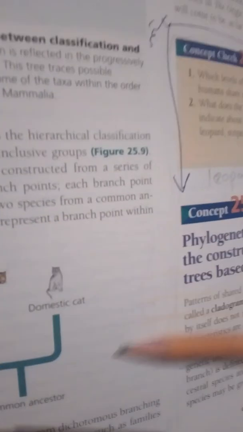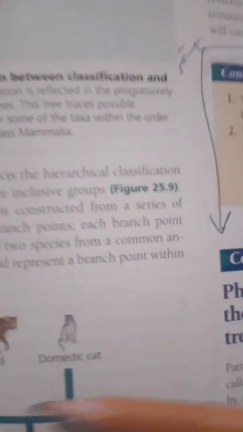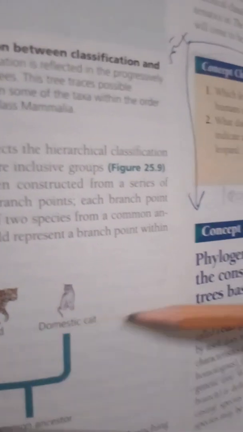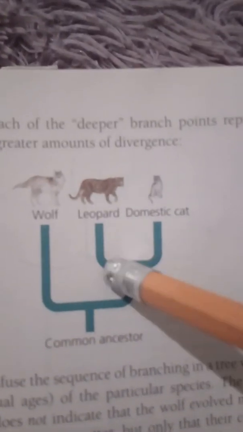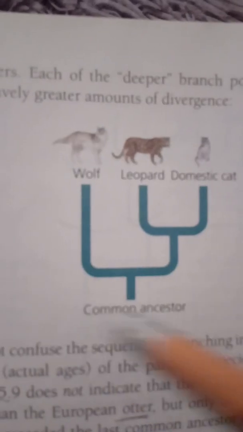We can also diagram dichotomous branching of taxa that are more inclusive than species, such as families and orders. Each of the deeper branch points represents progressively greater amounts of divergence. Notice the wolf, leopard, domestic cat, and their common ancestor.